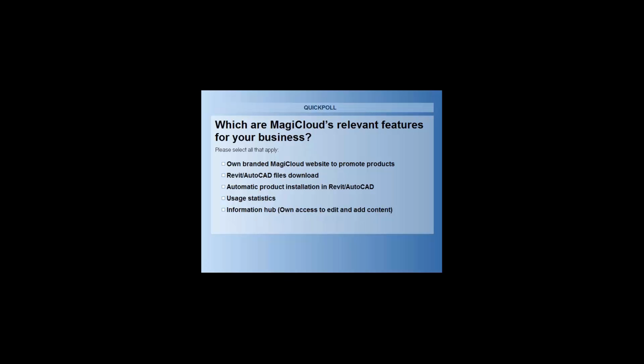I'm presenting here the different things we have been discussing today, and of course I have also a couple that are incoming features, so the possibility to provide statistics of use, and the possibility to add information. So let's see, the winner is the possibility to download files, but at the same time people seem to be very positive about the possibility to automatically install products.